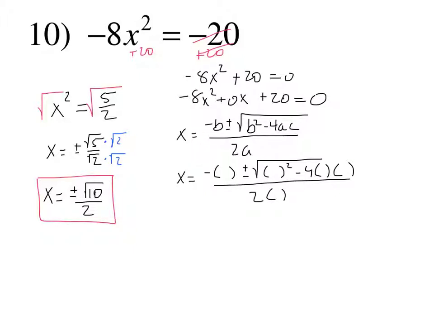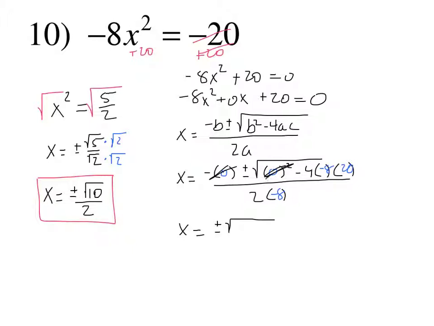All right, what are we plugging in for a? Negative 8, yep. What are we plugging in for b? 0, and c? Positive 20. All right, well, negative 0 makes no sense. It's just 0. So we have then positive and negative square root.